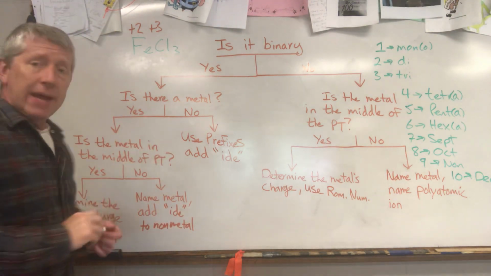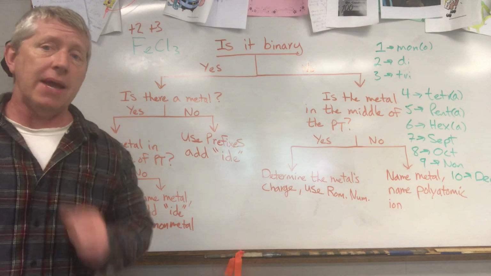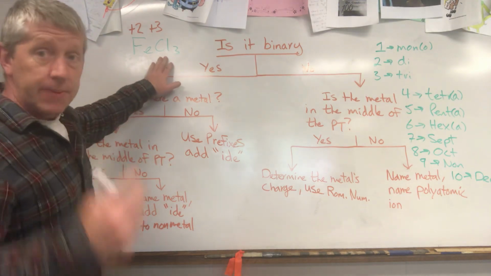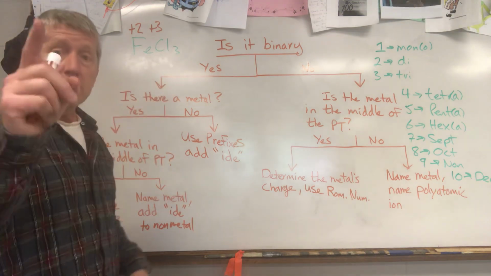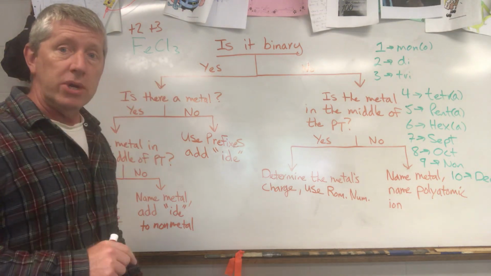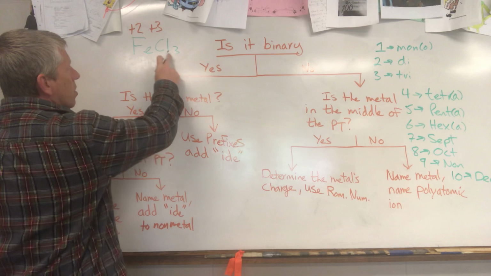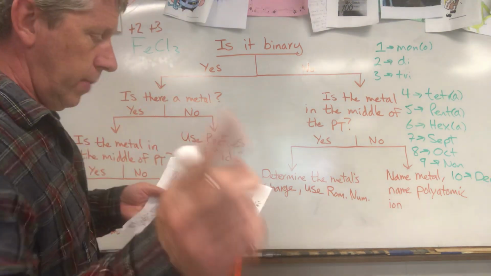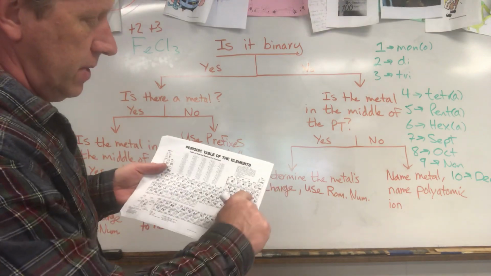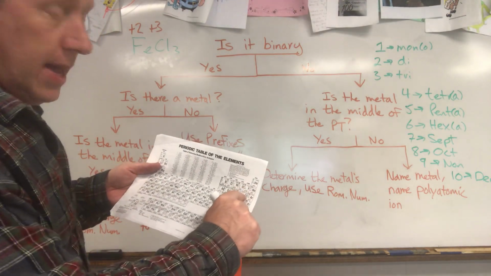The way you figure that out is you look at the negative ion. Chlorine is the negative ion. It's the non-metal. Those are negative ions. So the non-metal will lead you in the right direction. I have 3 chlorines, Cl3. And I know chlorine always, always, always uses the negative 1 charge.